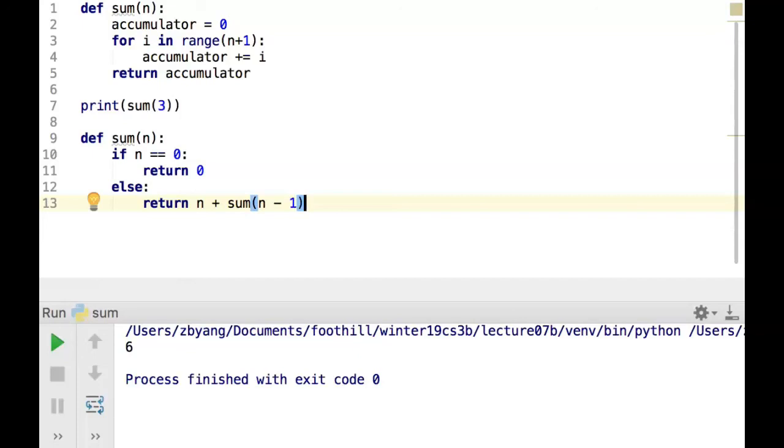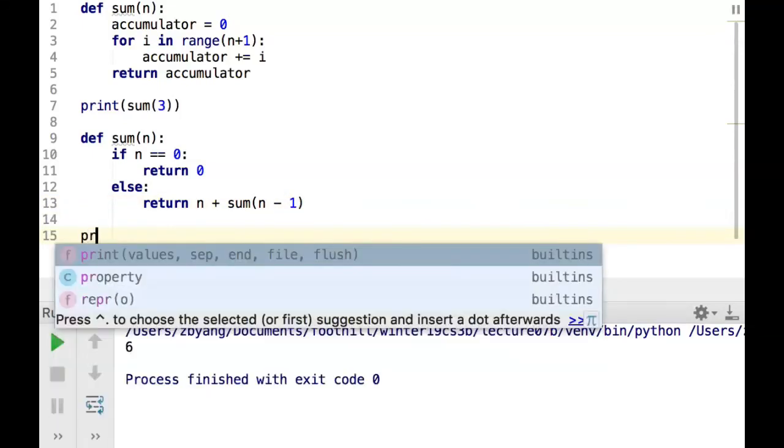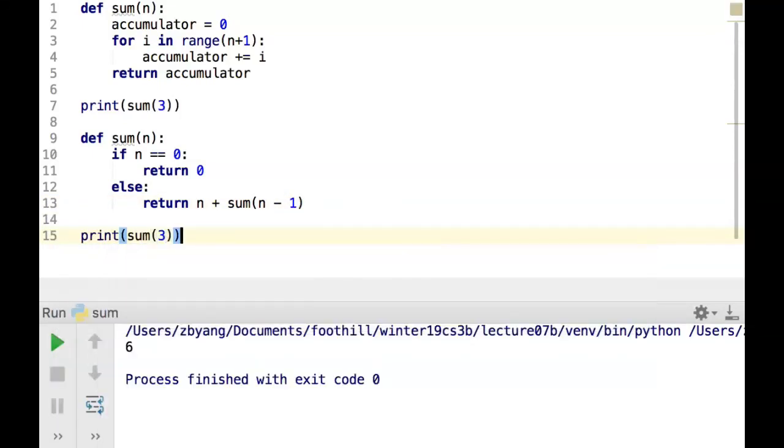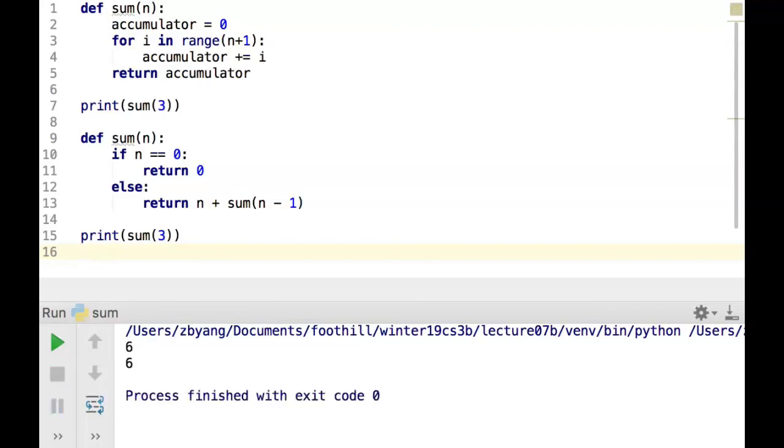Okay, I'm going to print out sum of 3 again. And assuming I do everything right, it gives me the same answer, right? And we can check other things like, I think the example we used when we were doing the loop is 100. So if we do 100, sum of 100 is 5,050.